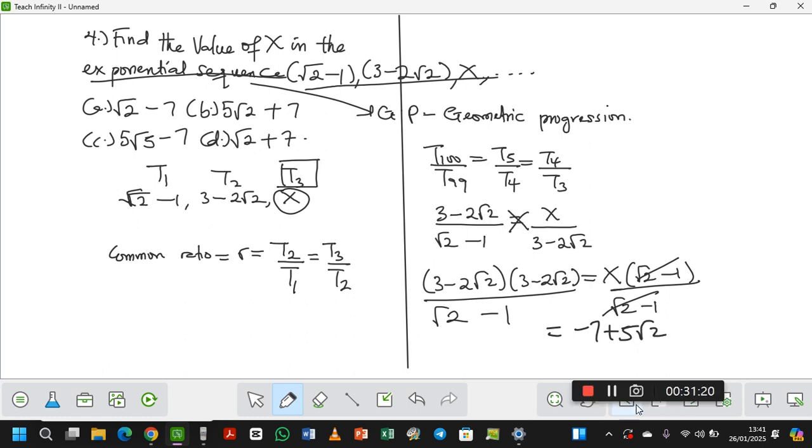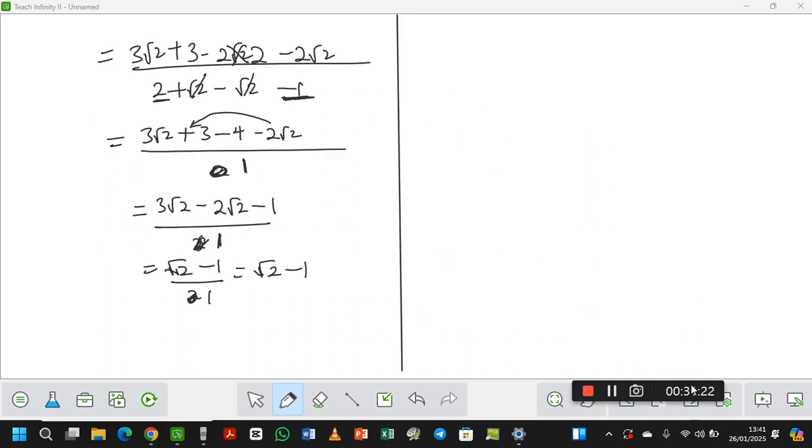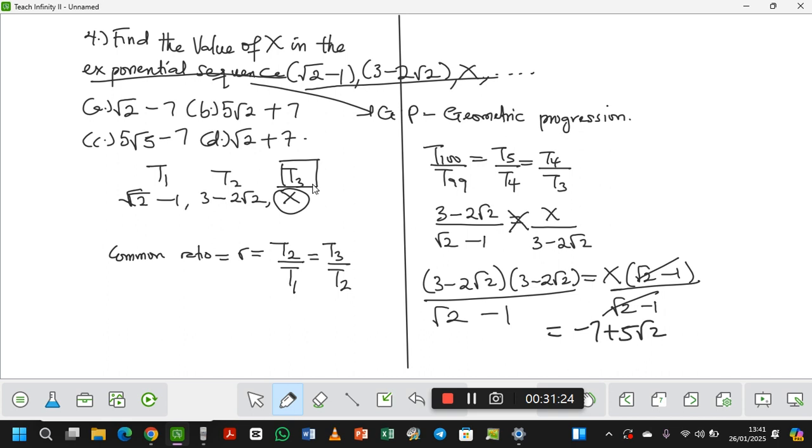So what did you get in your answer? Minus 7 plus 5 root 2. The answer is not there. Let me check the question again. Maybe it's a mistake on their part or in the workings.